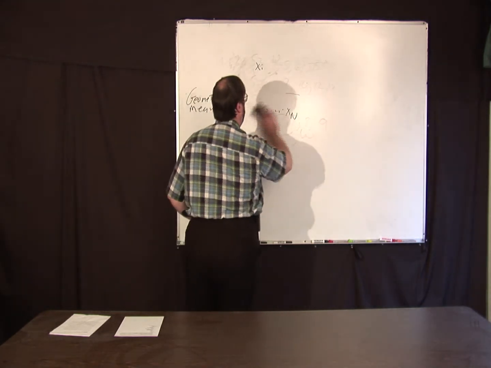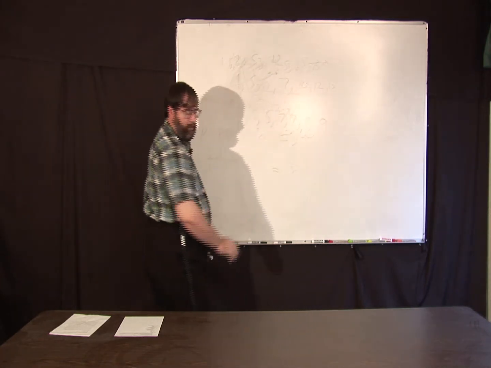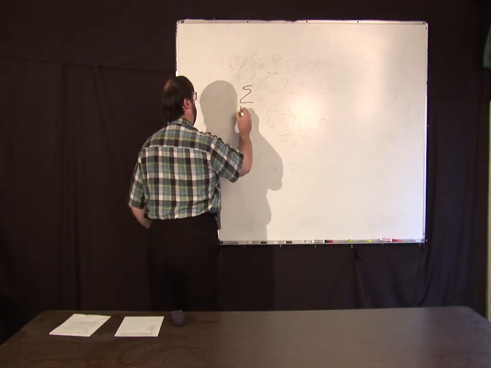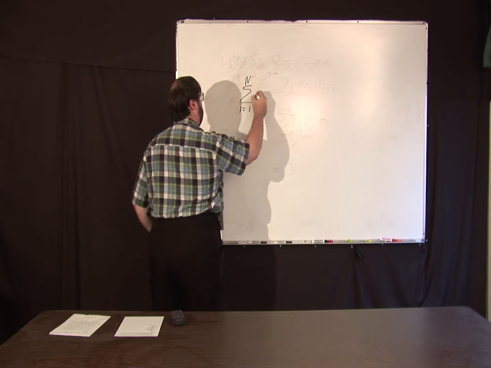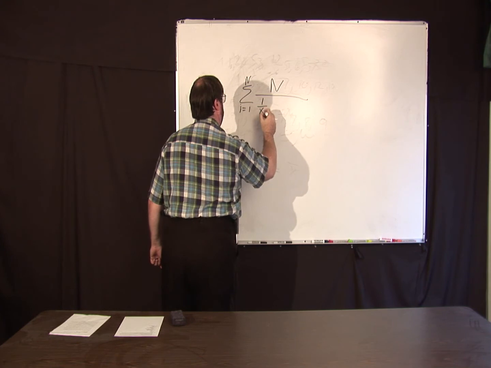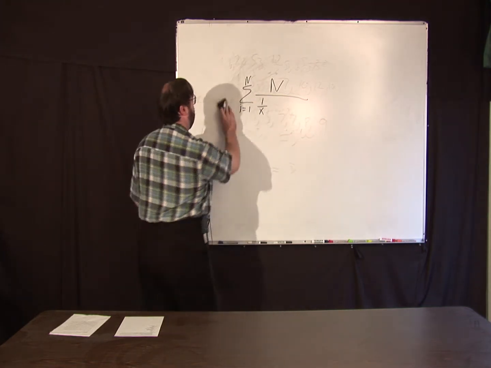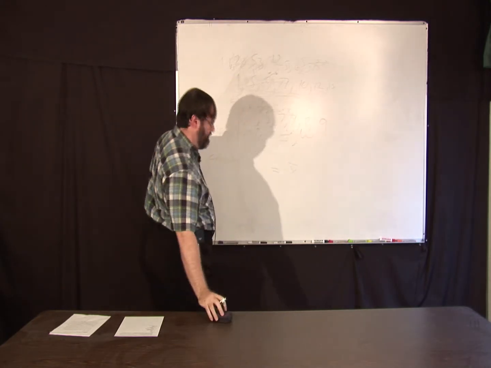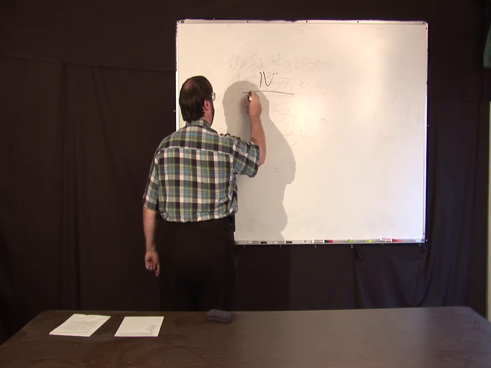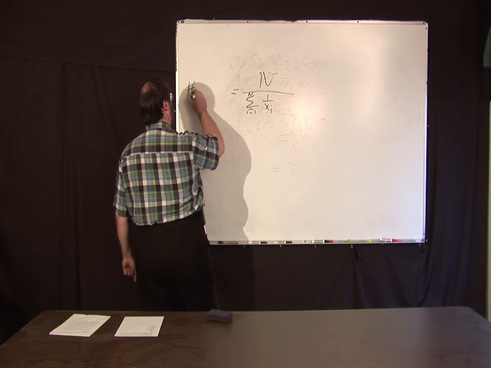Well, there's another one I want to talk about real quickly. There's another one called a harmonic mean. Harmonic mean is n over the sum over i equals 1 to n of 1 over xi.